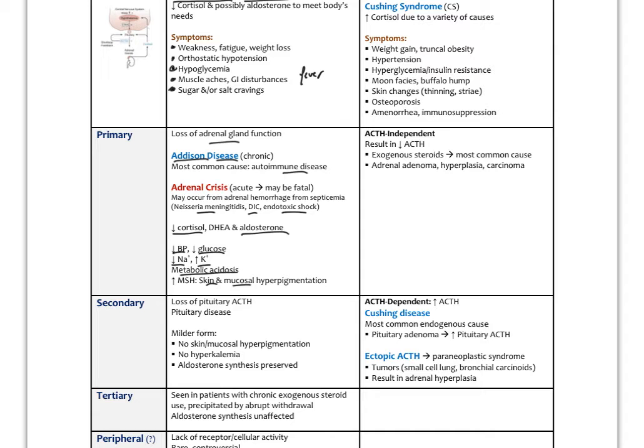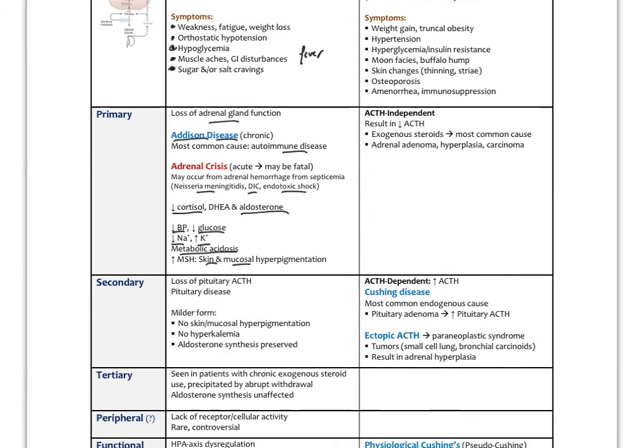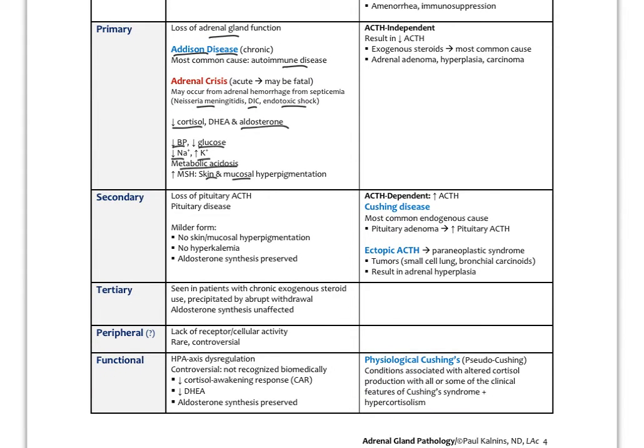Now secondary adrenal cortical insufficiency would be loss of pituitary ACTH. And the most common reason for that would be a pituitary adenoma, like a macroadenoma, or something like Sheehan syndrome, or empty sella, etc. We went through all of those in the pituitary section. In the milder forms, this would basically have a less mild presentation than the primary adrenal cortical insufficiency.